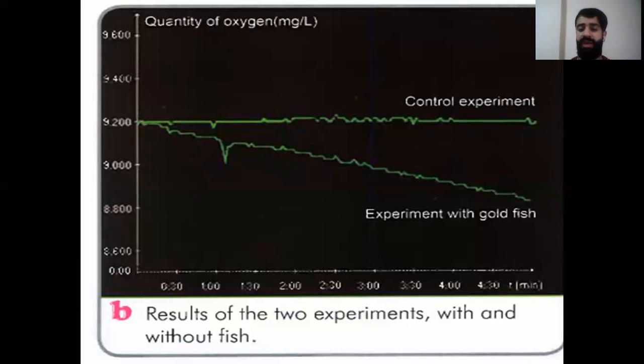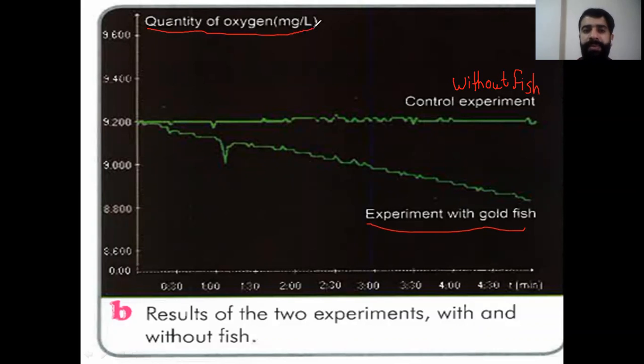Here we move to the results of the two experiments, with and without the fish. This one, the control, is without fish, while the second one is with the fish. The second line is the line of the experiment with the goldfish. Here are the numbers that show the quantity of oxygen in milligram per liter.